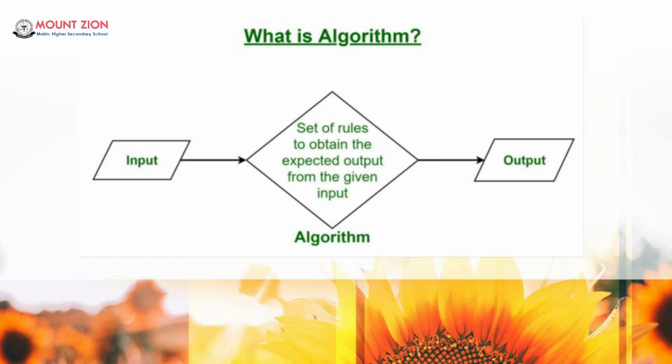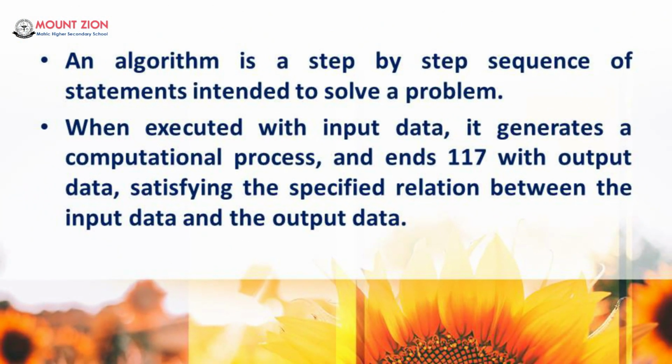When executed with the input data, it generates a computational process and ends with output data, satisfying the specified relation between the input data and the output data. So we give an input, some process goes on, and after that we get the output. What are all the processes taken in order to produce the output? That is called an algorithm.